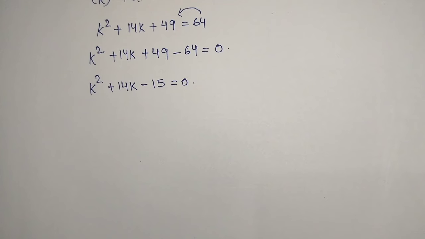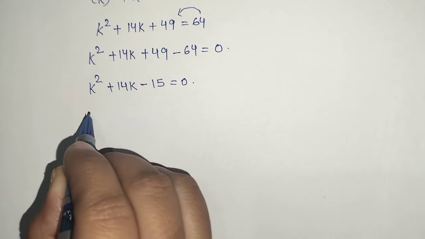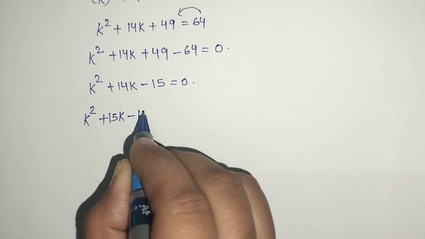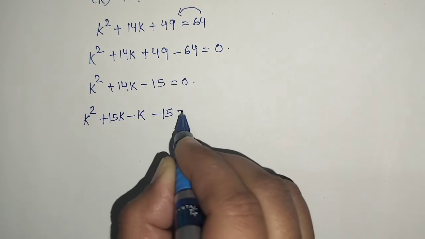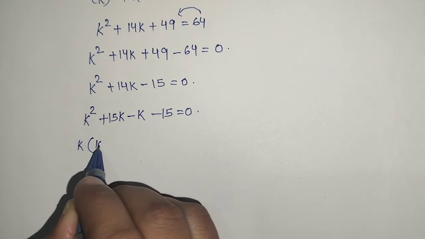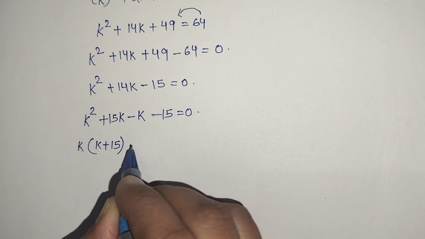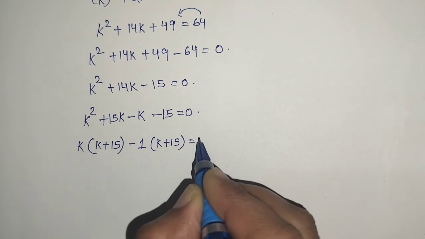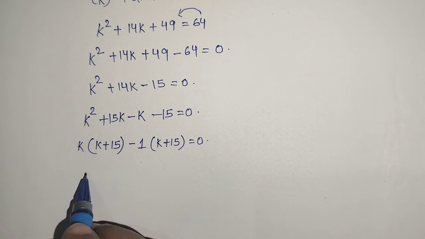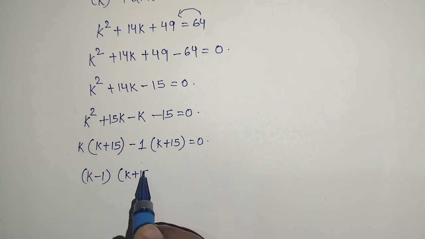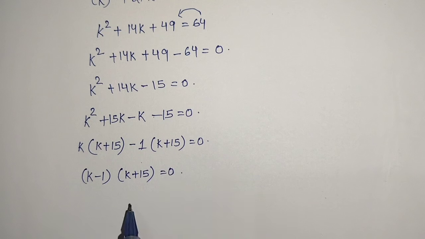We split this: k² + 15k − k − 15 = 0. We take k common: k(k + 15) − 1(k + 15) = 0. (k − 1)(k + 15) = 0.